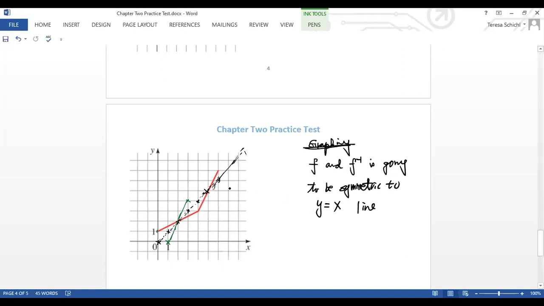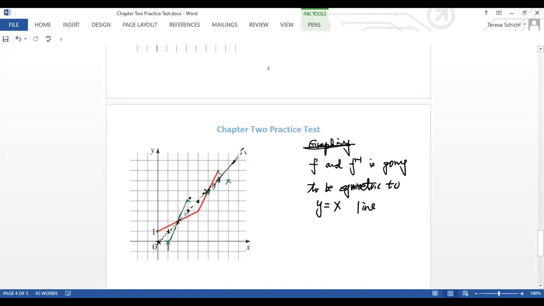For this number here, this one is on the line, so it's going to go over here. Then for this point, we're going to reflect into this point, right? And this one is touching the dotted line, so it stays here.